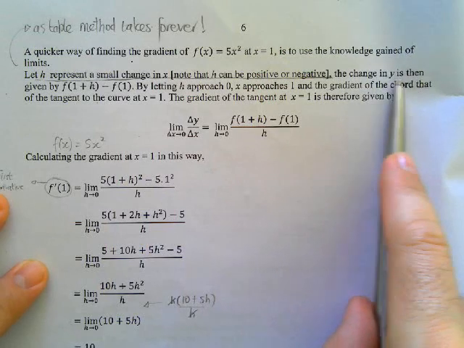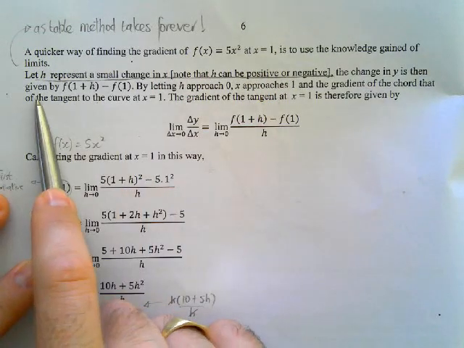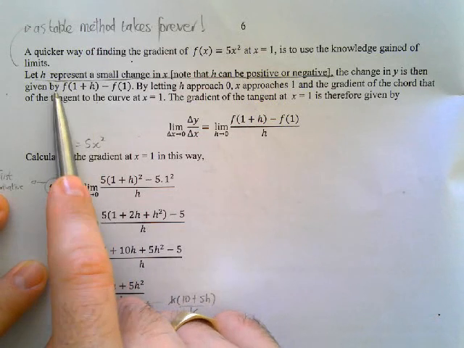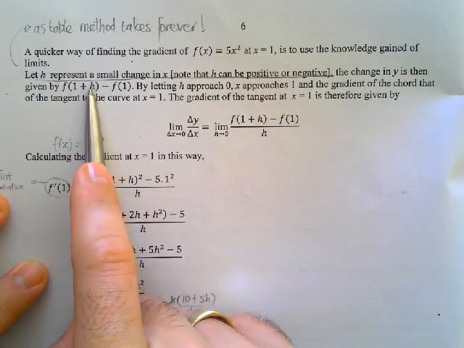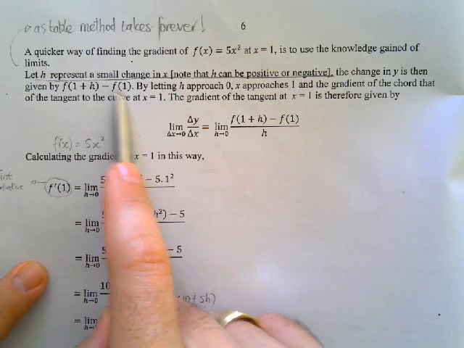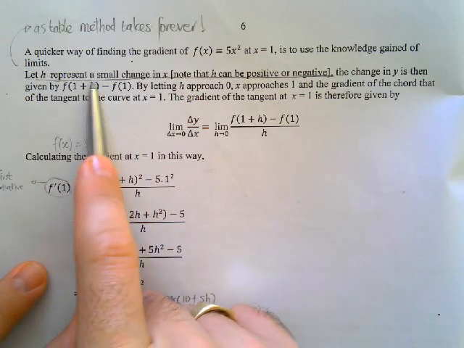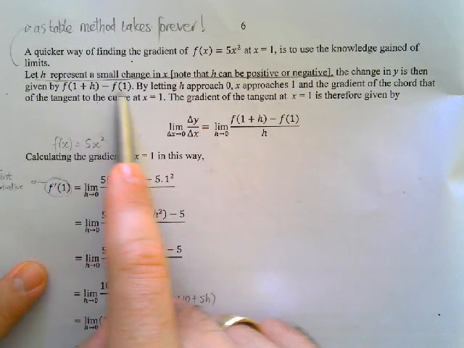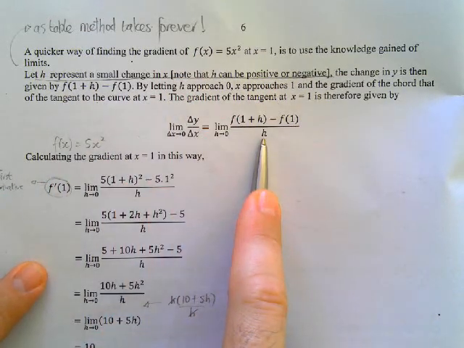The change in y is then given by f of 1 plus h, remember A's position was at 1, minus the original f of 1. To work out the gradient, we would have to divide by the small change h, which we've proposed.